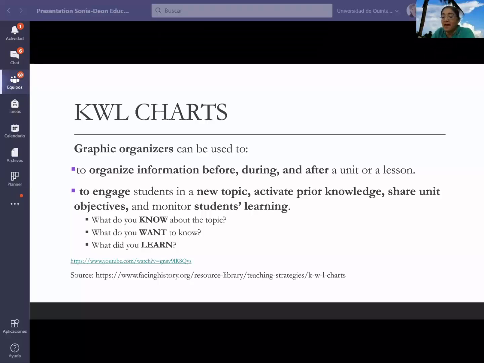It helps them organize their ideas, and activate the knowledge they already have and give it a point, somewhere I am going to go, something I want to achieve. And how am I going to do it? Well, I need to know what I know. I need to know what I want to know about the topic, and then what I actually did at the end.